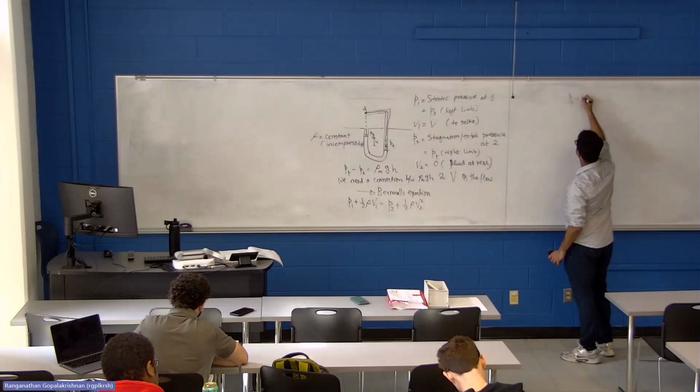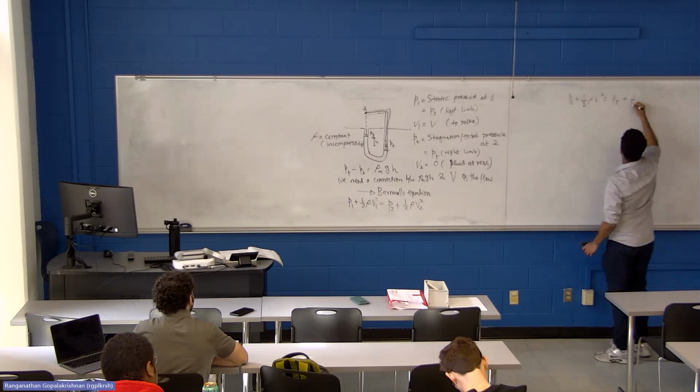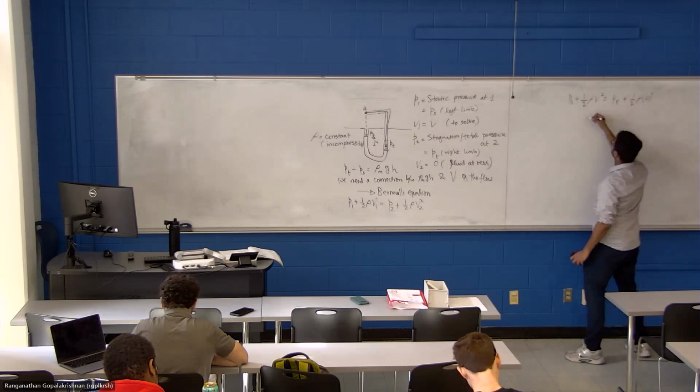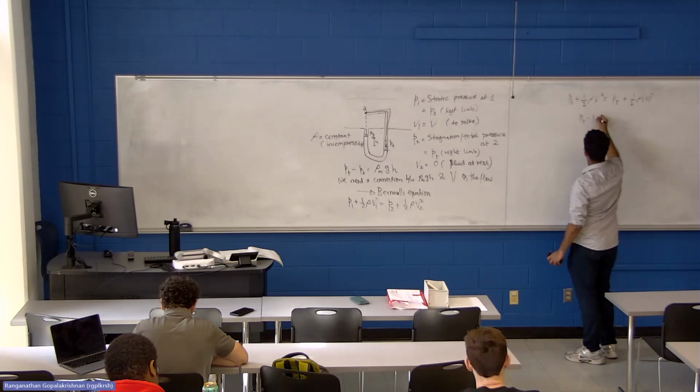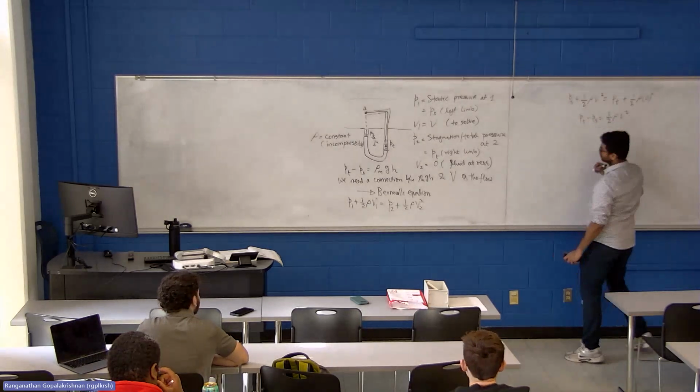P_S plus half rho V squared equal to P_T plus half rho times 0. So P_T minus P_S equal to half rho V squared.